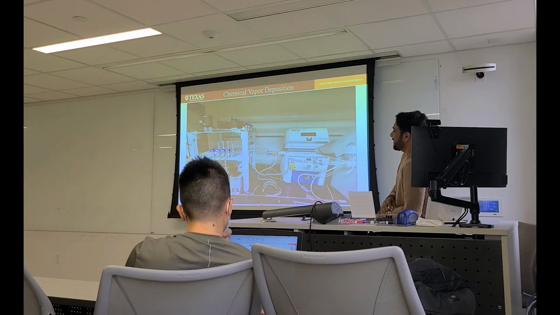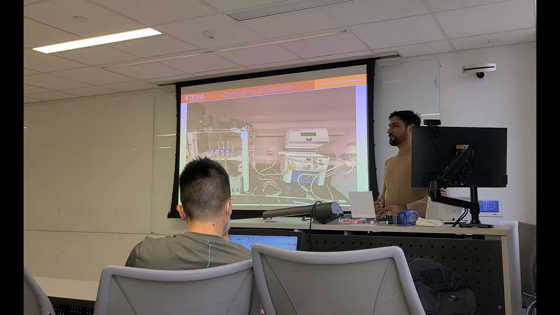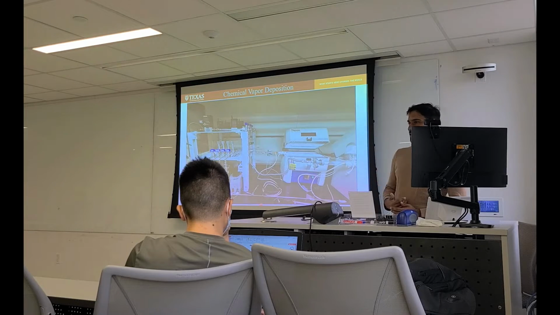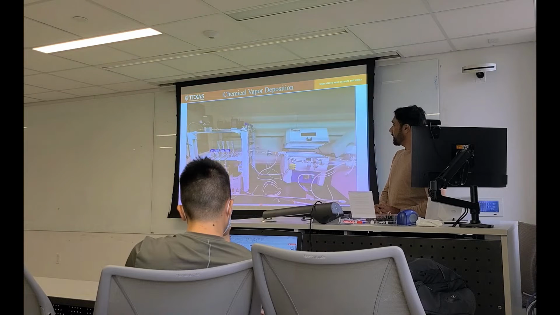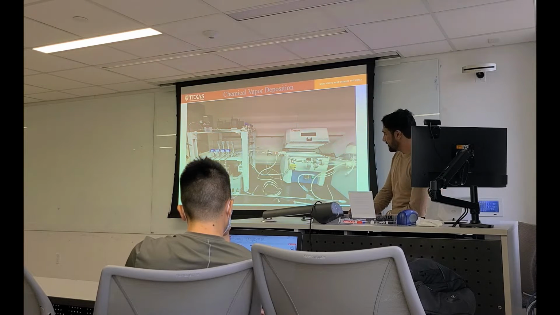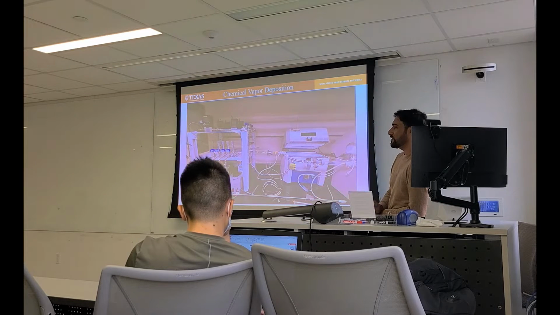Okay, so the other technique is chemical vapor deposition. What I discussed earlier were vapor deposition techniques. In chemical vapor deposition, you are heating your sources. This is very conventional CVD. These are the sources. They have liquid sources, solid sources. What they do is flow the carrier gas through these sources.